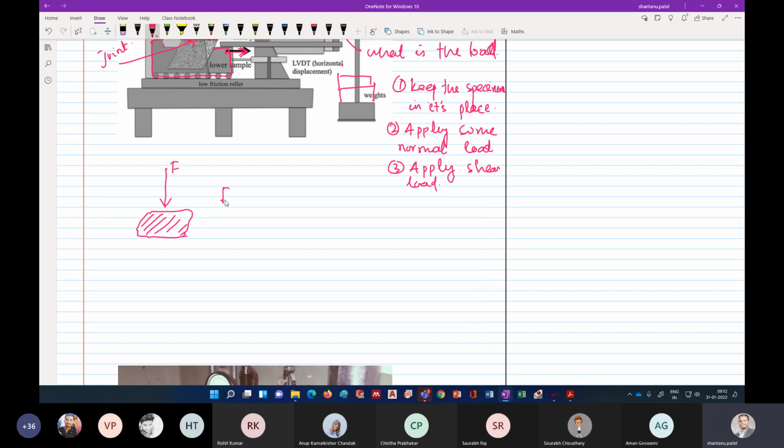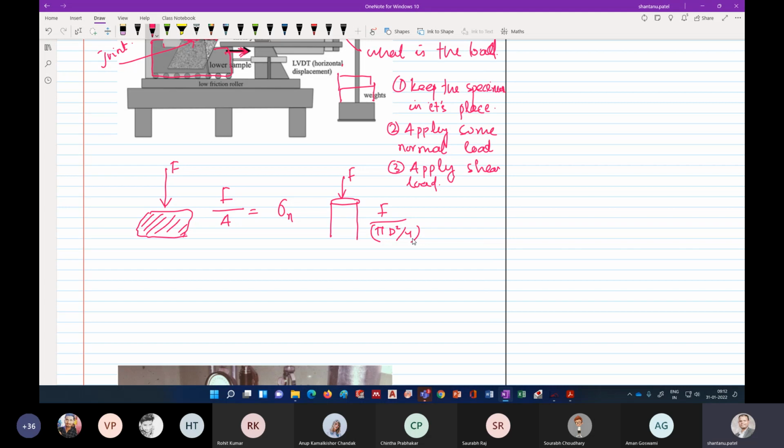So F divided by our area is sigma n, the normal stress. This is very similar to our UCS test where we had a cylindrical rock specimen. We have this F, so F divided by pi d square by 4 is our normal stress. So similar to that.